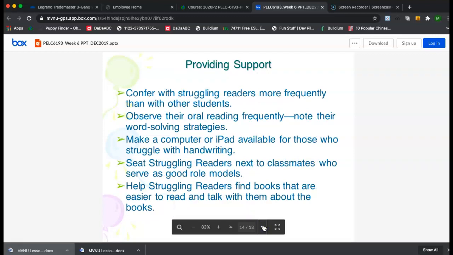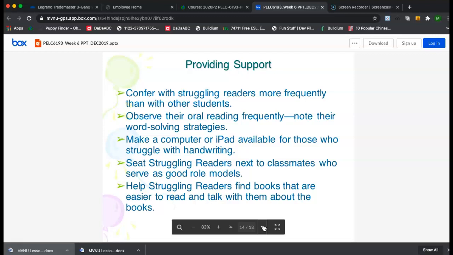You're going to conference with struggling student readers more frequently than others. You're going to observe their reading behaviors, their word-solving strategies. If children are struggling with handwriting, have a computer or an iPad available for them to use.